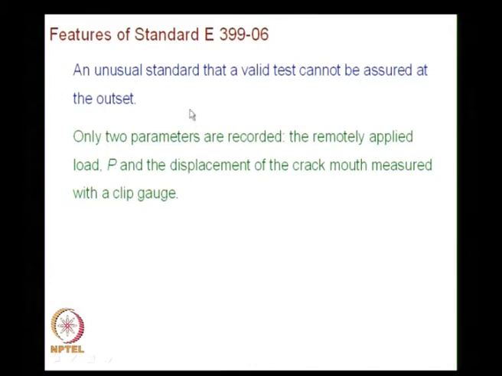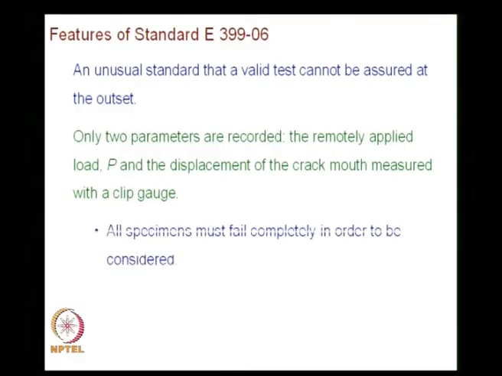And what have we recorded? We have recorded only two parameters. One is the remotely applied load P and the other is the displacement of the crack mouth measured with a clip gauge. So, these are the two measurements we ultimately make, but initially you do a fatigue loading to generate a natural crack.